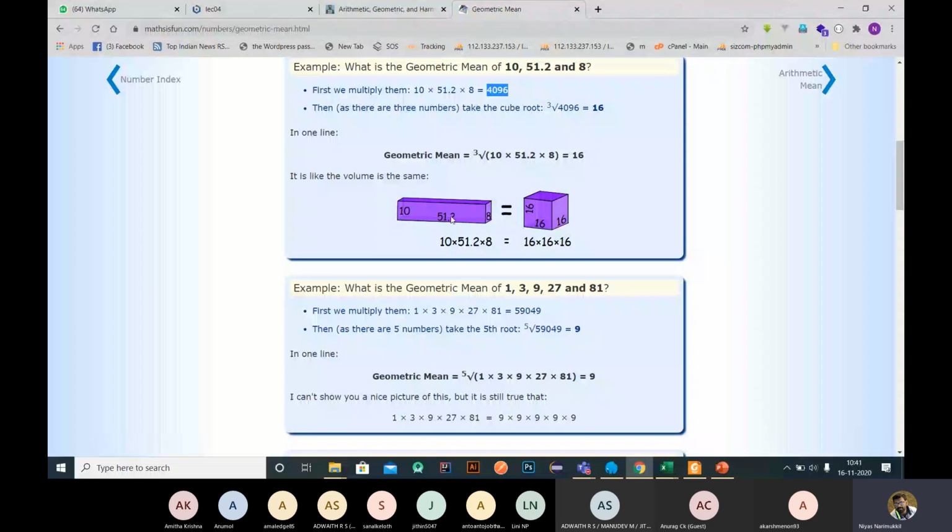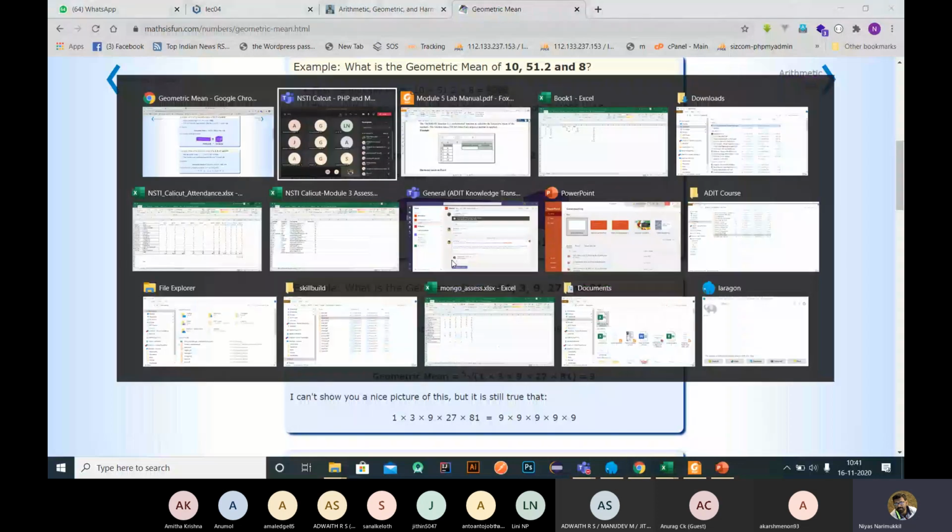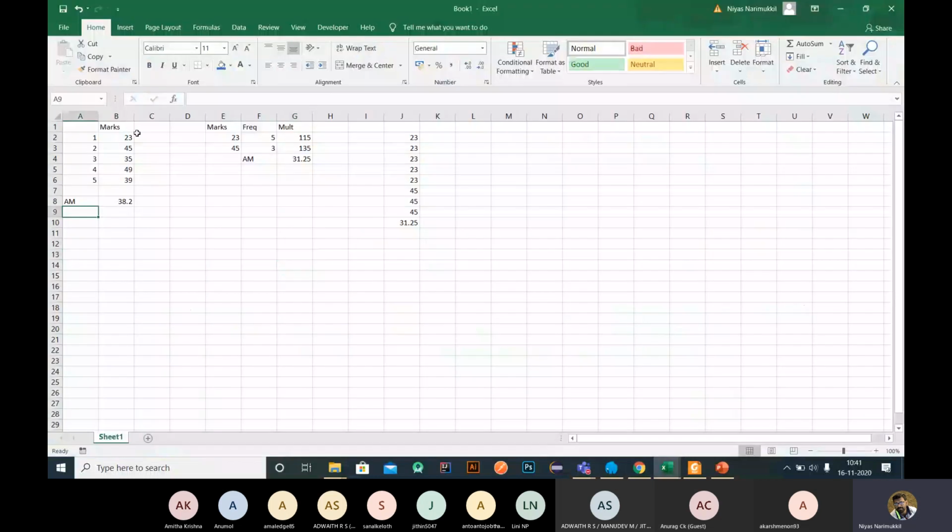So in Excel we have a direct function to find the geometric mean. If you want to find the geometric mean of these items, there is a direct function, GEOMEAN, of, select all these 5 items.